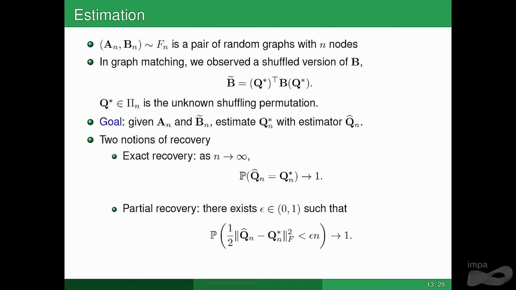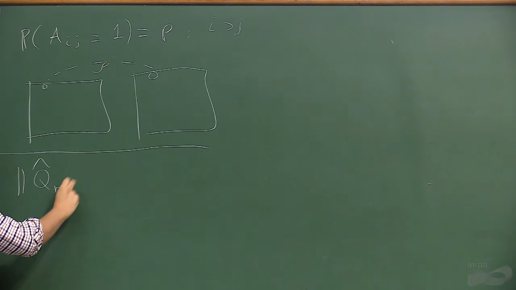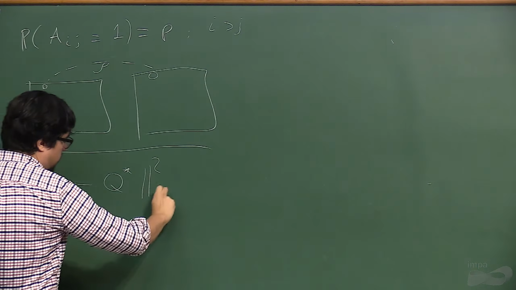Alternatively, we can ask for a relaxed version of this definition and just match a proportion of the vertices between the two graphs. In this partial recovery definition, we are asking for a proportion epsilon of the vertices. This function here, which I'm also going to be using later, is just the Frobenius norm between the estimator and the true permutation.